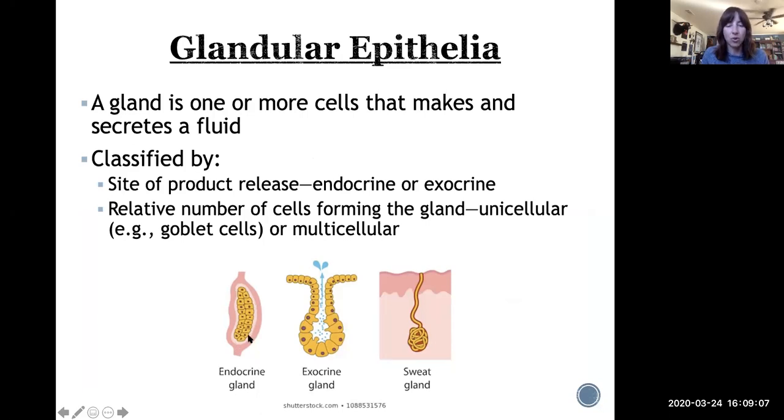Instead, they secrete their product directly into the bloodstream. Examples of endocrine glands are your thyroid gland and other internal body glands, not including your pancreas, which has a duct that goes into your digestive system, which is technically outside of your body, right? So endocrine glands, endo as in inside, don't excrete things through a tube to the outer surfaces of your body, whether that be your skin or the inner lining of your digestive tract.